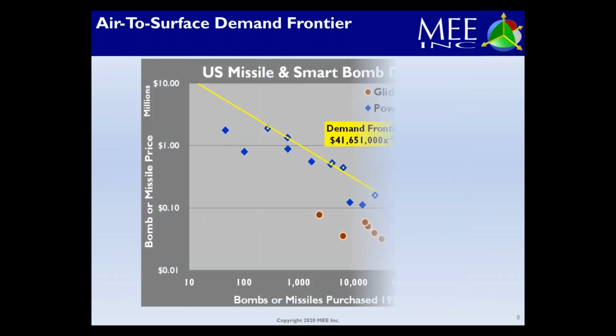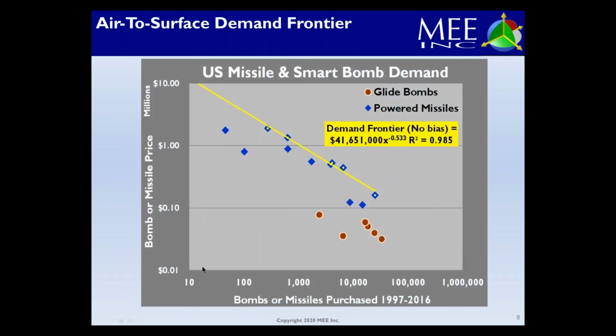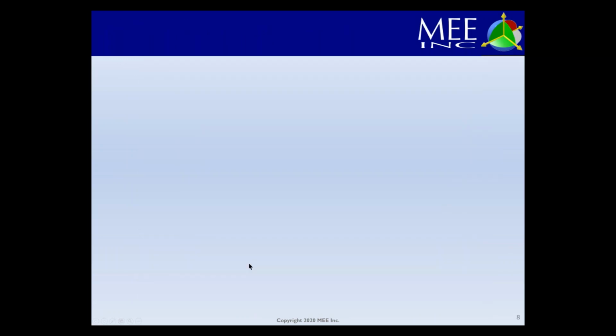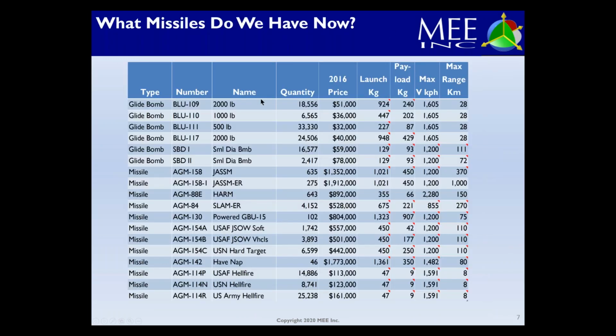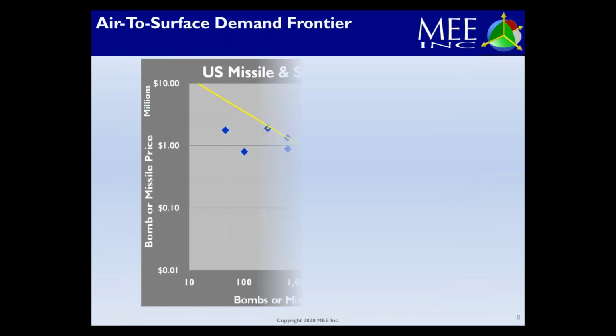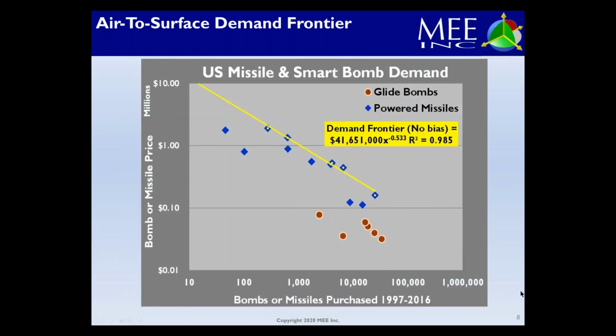If you were to plot the quantity of missiles from that previous slide against the prices, price and quantity in economics are the two axes for demand curves. So here we have quantities across the horizontal axis and prices on the vertical. We have the glide bombs down here in brown, and up here in blue we have the powered missiles.